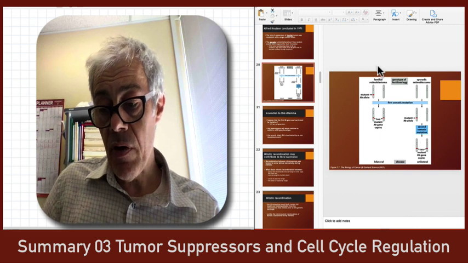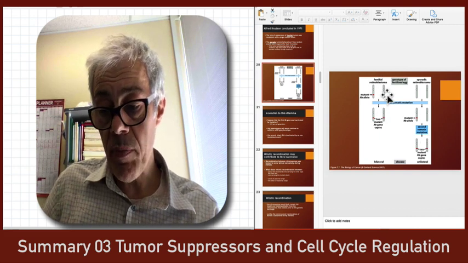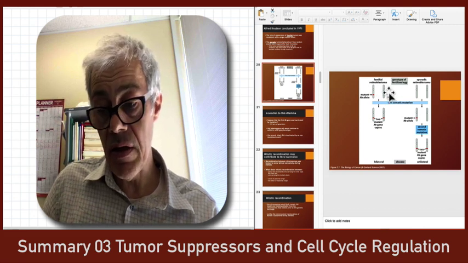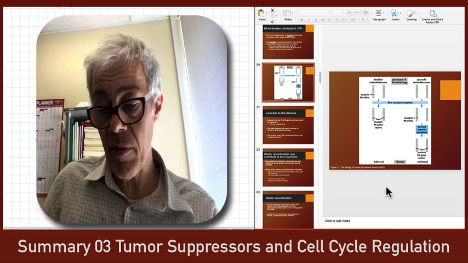And also, if you look at the familial inherited form, then you had to have another mutation in the good copy during that early stage of development to give rise to bilateral retinoblastoma.